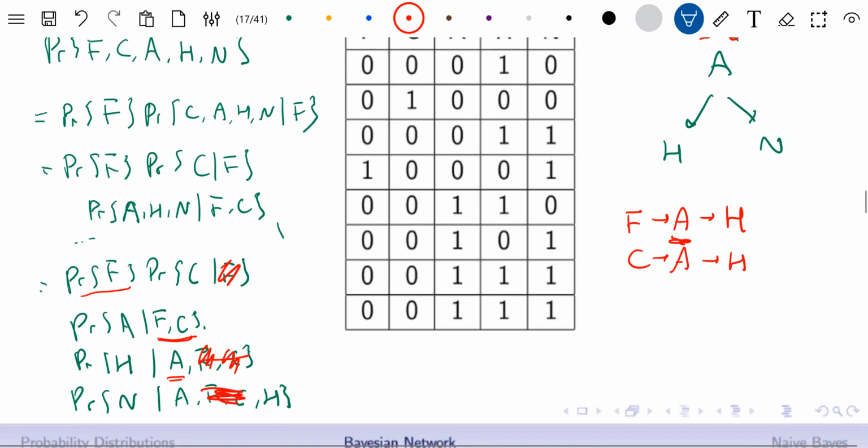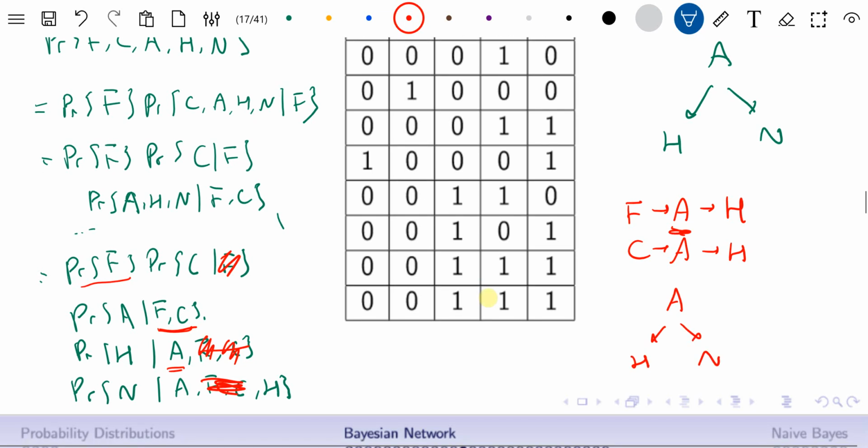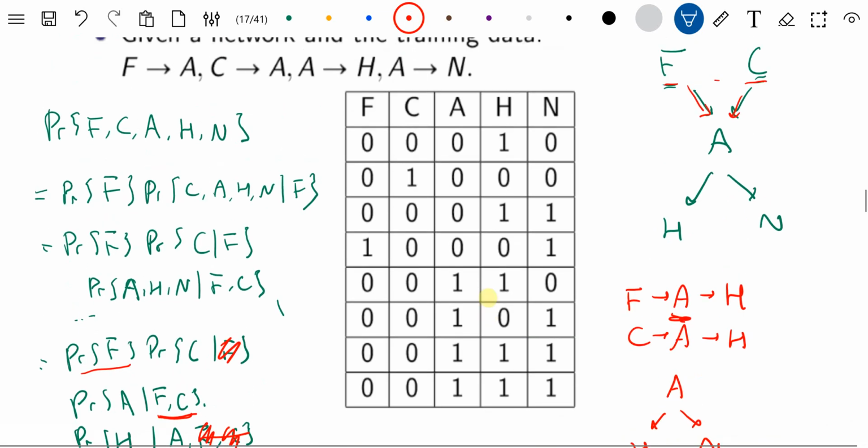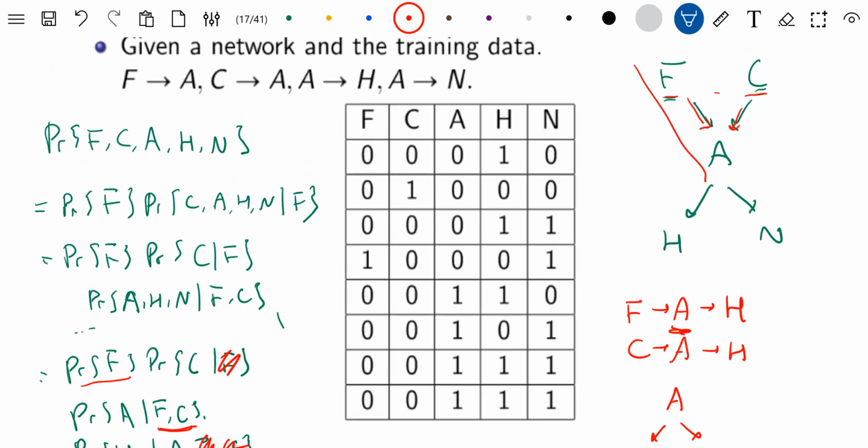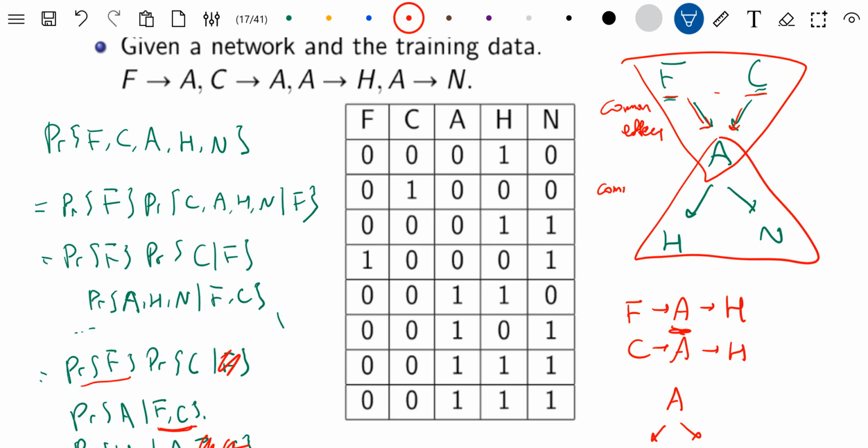So what about H and N? A, H, and N form this common cause configuration. Here, this one is common effect, and this one is common cause.